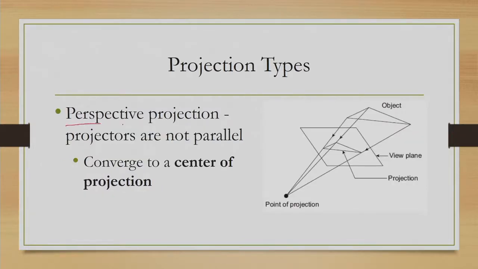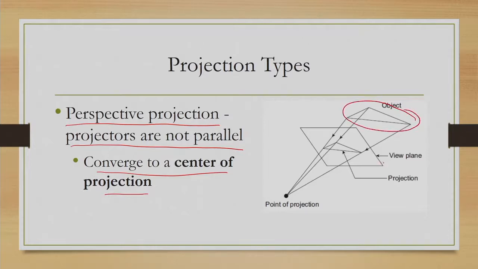So, in case of perspective projection, what happens? The projectors are not parallel to each other and they converge to a center of projection. So, here as you can see, this is the object, this one is the view plane. Now, from the object we create projectors like here, here, here.